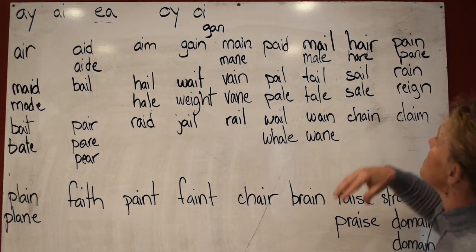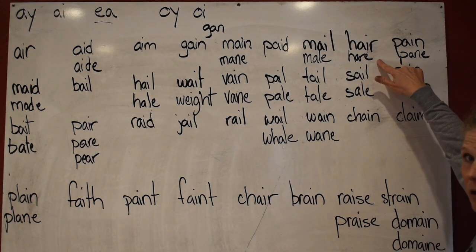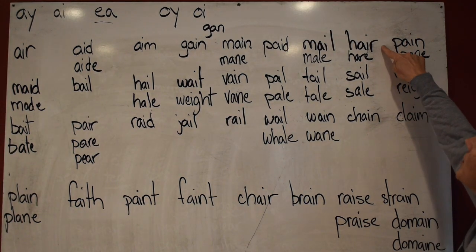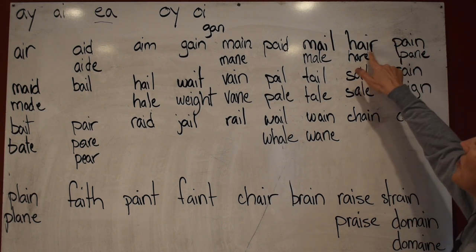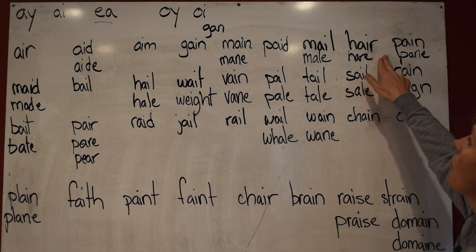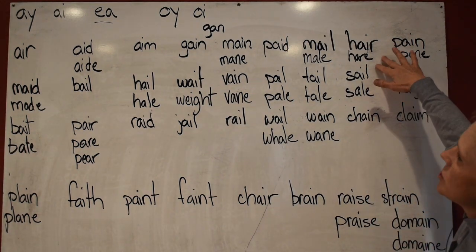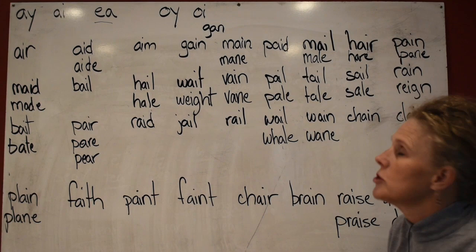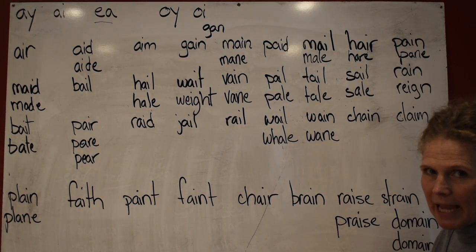He's a boy. Hair, hair, and hare is a rabbit. So see how you're going to have issues with the long A sound. With the AI, you're still going to have issues with the silent E or even the vowel team EA. But mostly I didn't want to confuse you too much. So I'm just showing you that you will have confusion with that long A sound.